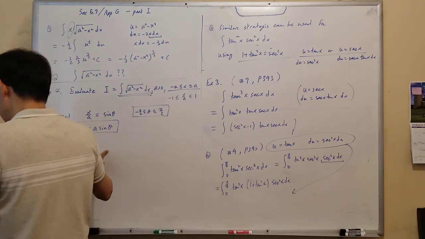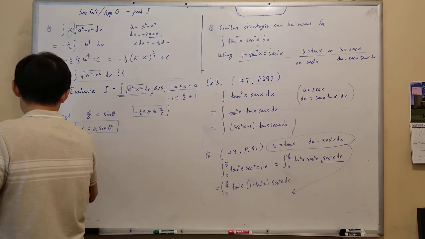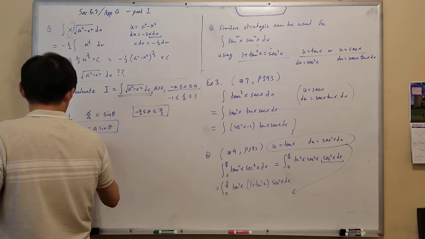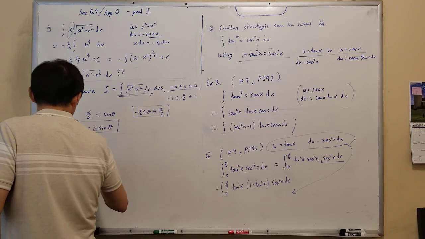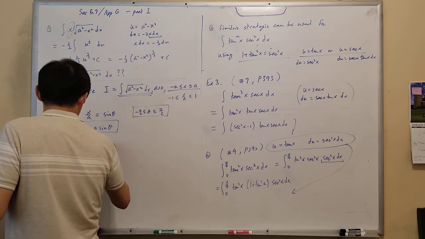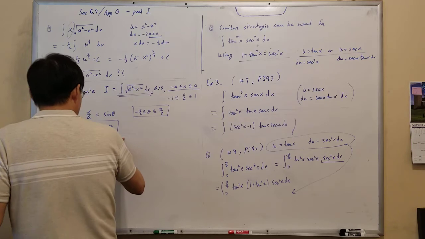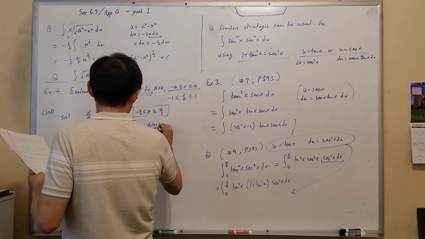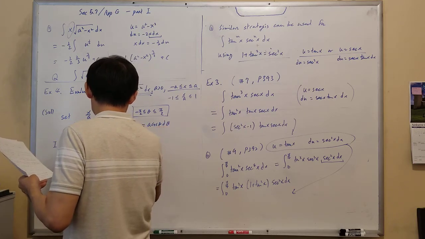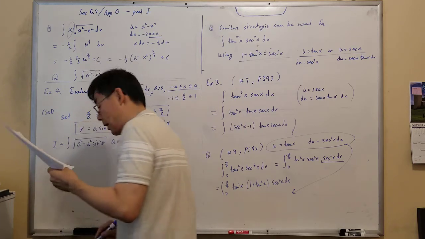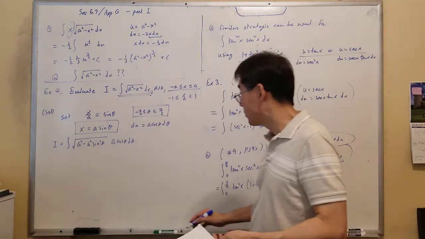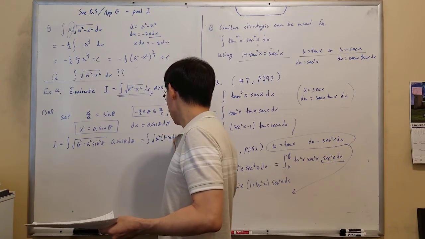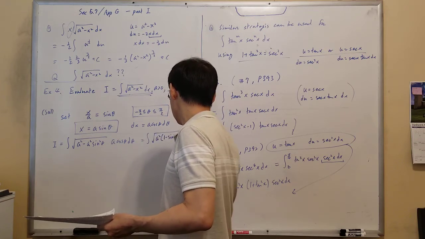Then, your integral I will be written as square root of a squared minus a squared sine squared theta, because x squared will be a squared sine squared theta, and dx is a cosine theta d theta. Okay? You're going to get this. Now this one, a squared times 1 minus sine squared theta, and this one, a cosine theta d theta.